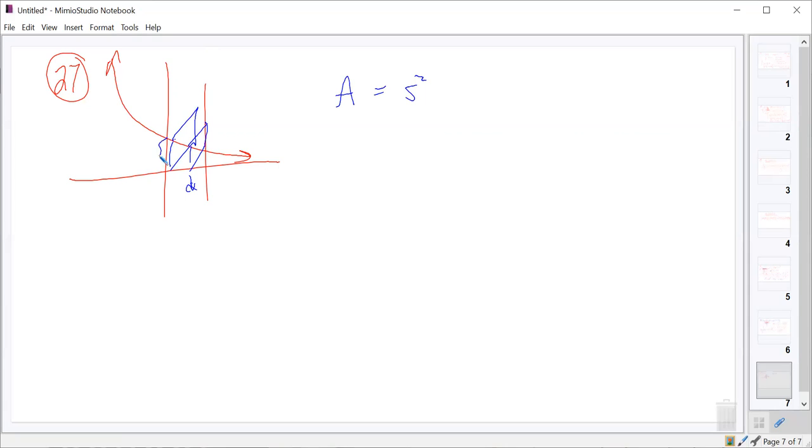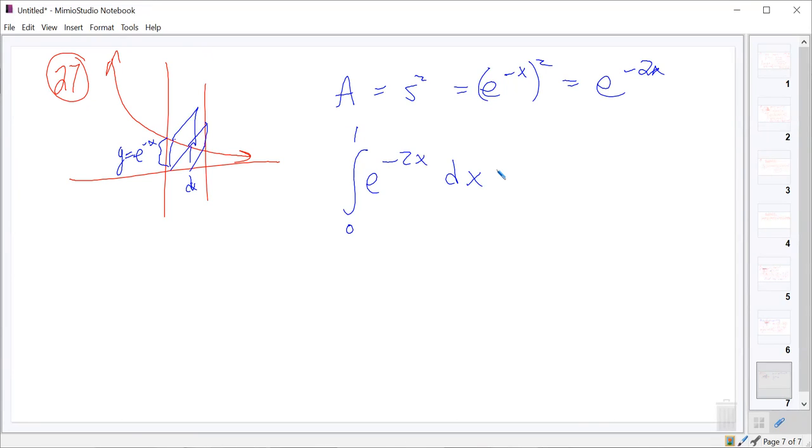It's y, which is e to the negative x. So our area is e to the negative x squared, which is e to the negative 2x. So we will integrate from 0 to 1, e to the negative 2x dx.